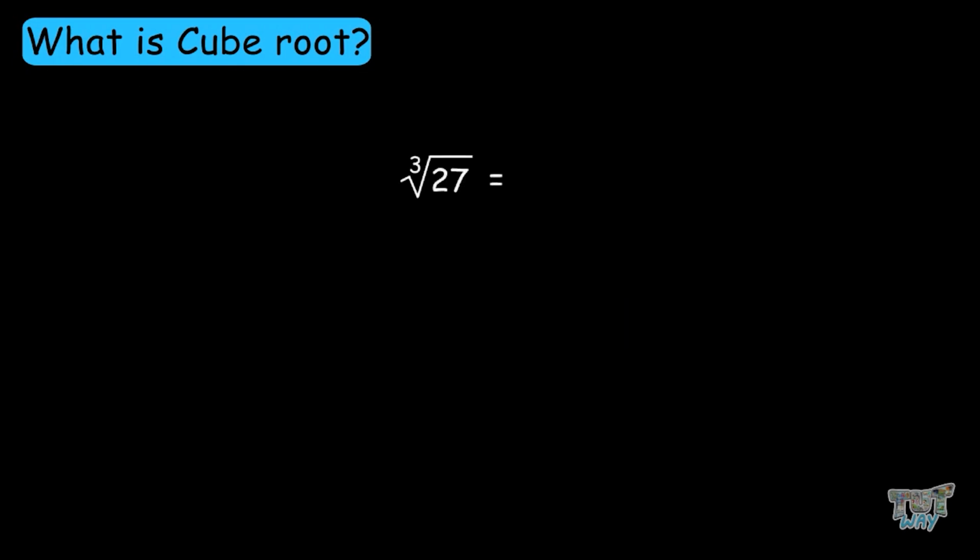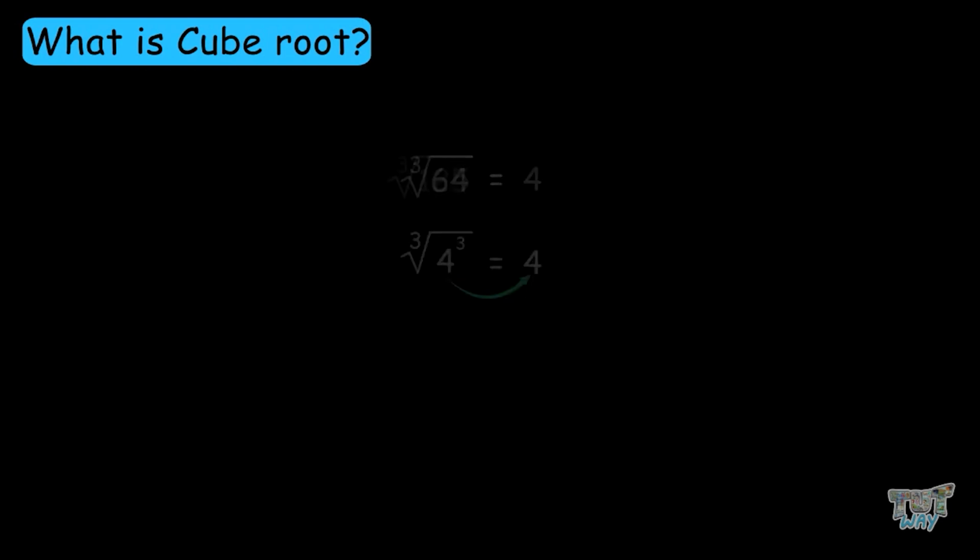The cube root of 27 is 3, because 27 is 3 raised to the power of 3. The cube root of 64 is 4, because this can be written as 4 raised to the power of 3.